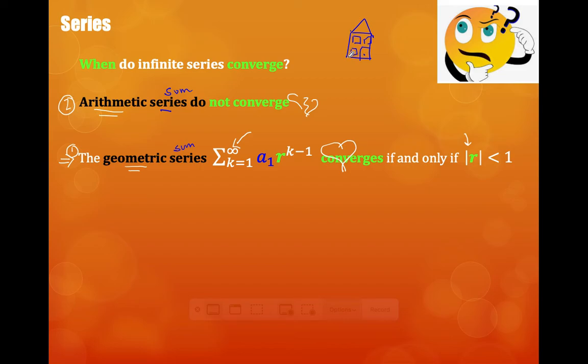So I started with 5 in my house and then I added 5 more. And then I added 5 more. And then I added 5 more. And I kept adding and adding and adding and laying these sums in my house, right? Add 5, 5, 10, 15, 20, 25, 30, right? And I kept adding 5 every time, summing as I went along, right? 5 plus 10 is 15, right? I took the terms of a sequence and I just kept adding and adding and adding. You know what's going to happen? I'm going to bust through the roof. I'm going to bust out of the house.